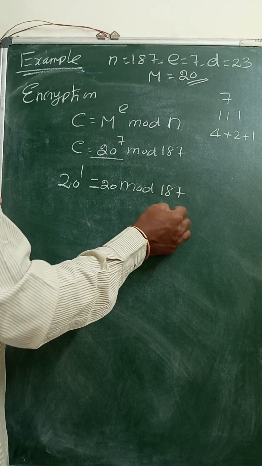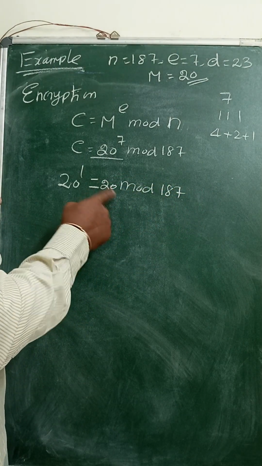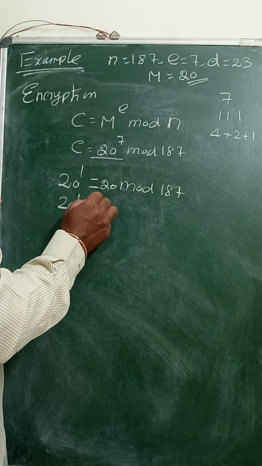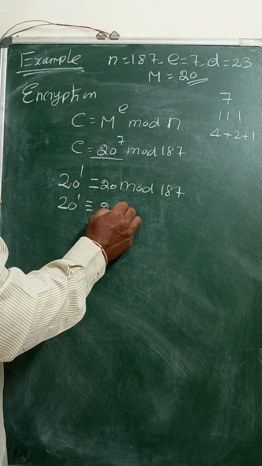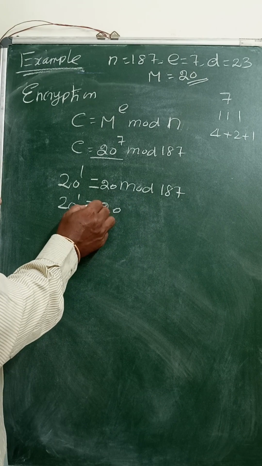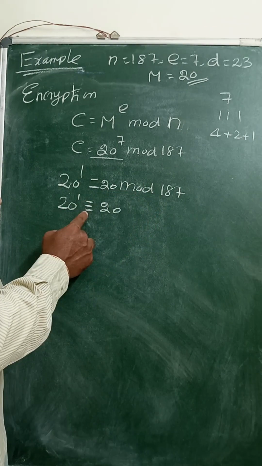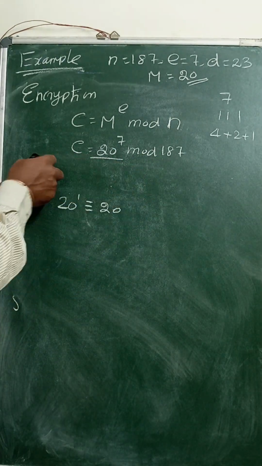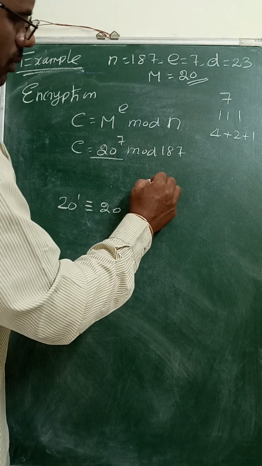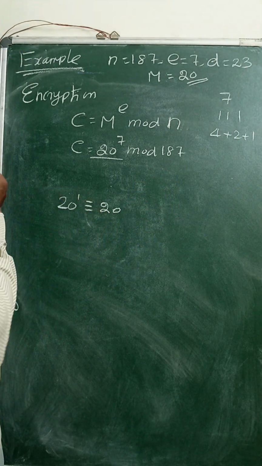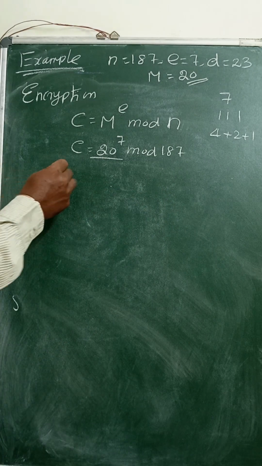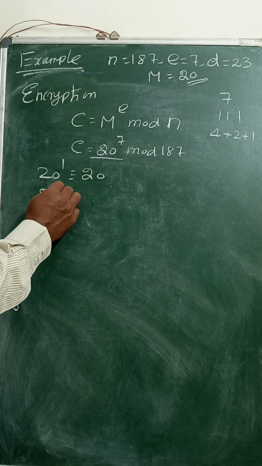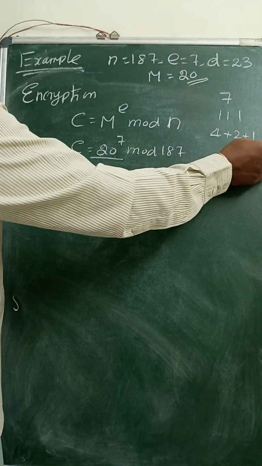The numerator should be smaller than the denominator, so the output is the same. 20 power of 1 congruent value is 20. You write the remainder directly, not the right-hand side. So 20 power of 1 equal to 20. Keep it in the first step, then go to the second step.